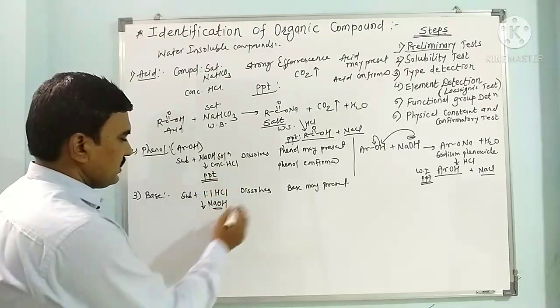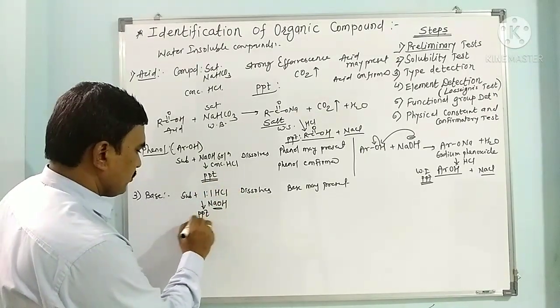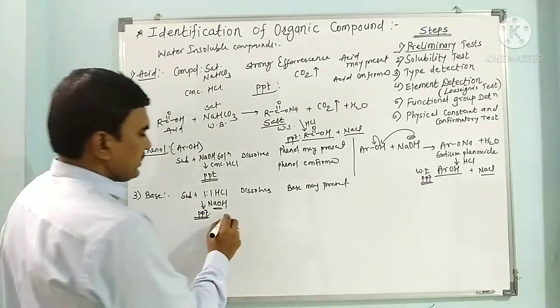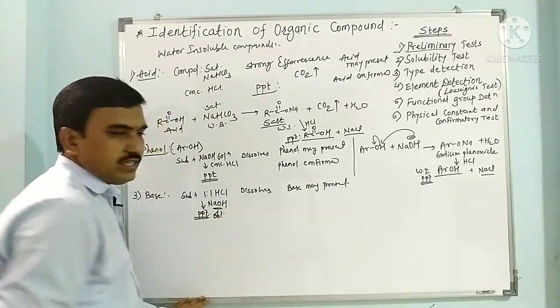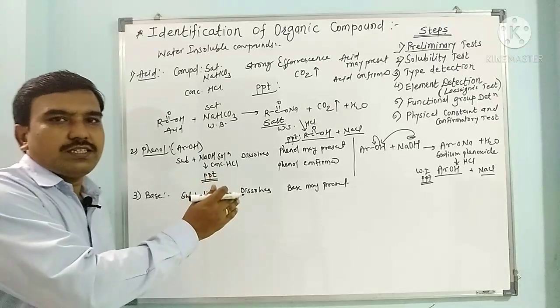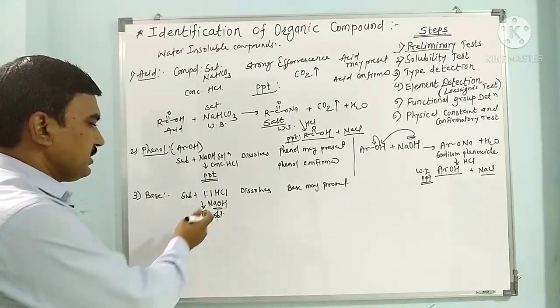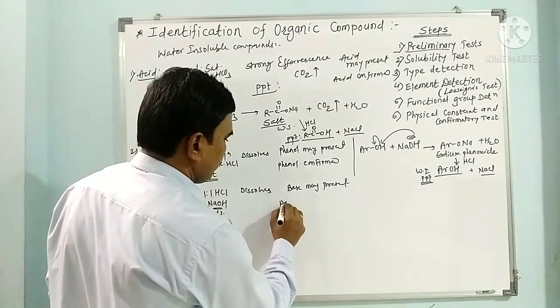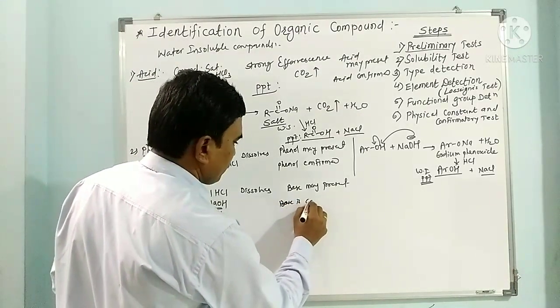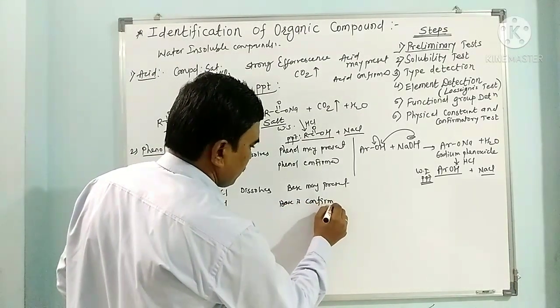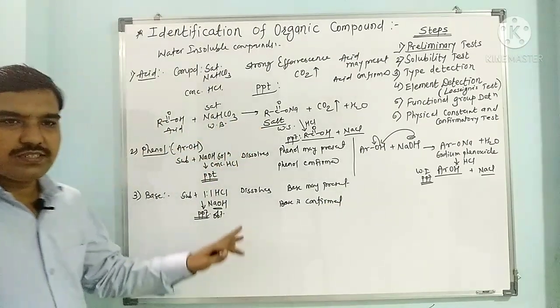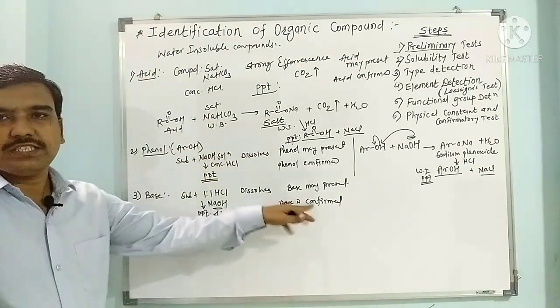So we get a precipitate. Once we get a precipitate, it indicates the base is released freely from this aqueous solution, so it is regenerated, and the precipitate is obtained. So base is confirmed. Once base is confirmed, we can say that base is present.